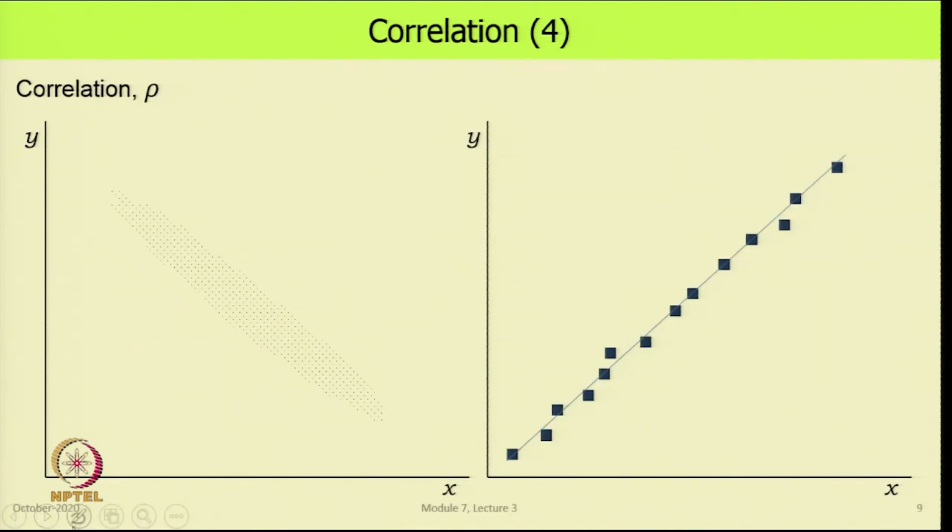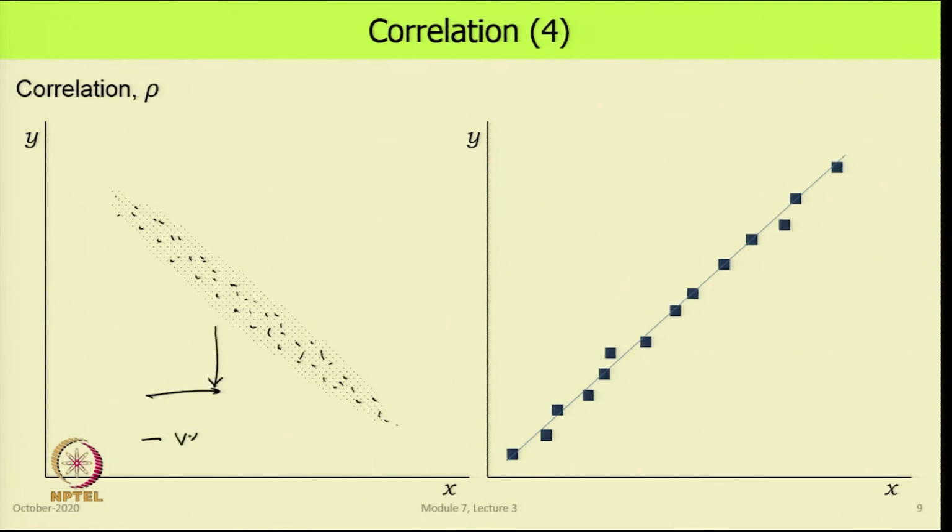Here is an example where you have points over here, and if we do they are well correlated, that is one thing we see, and what it tells us is that as x increases, y is decreasing.